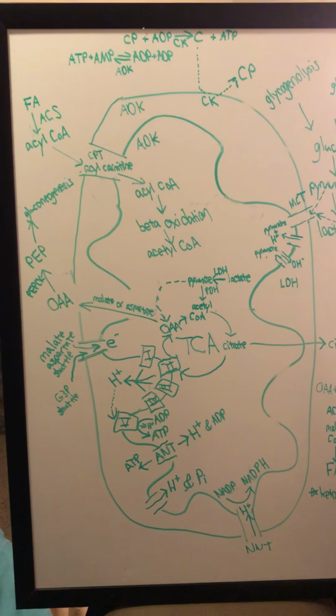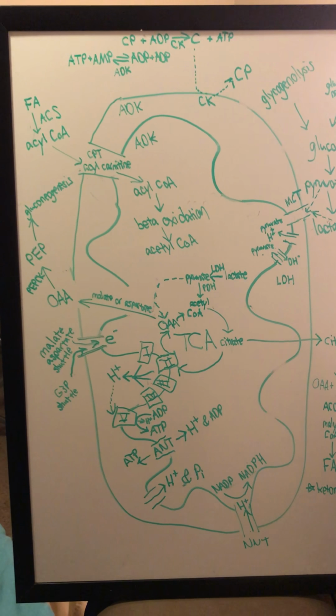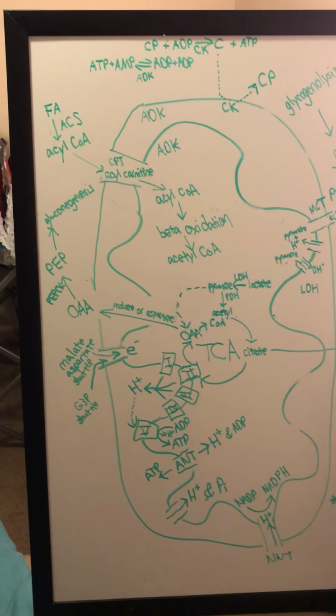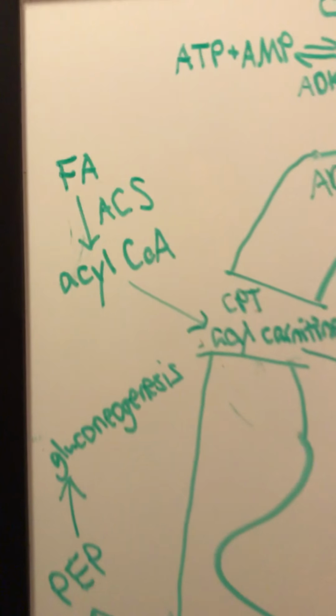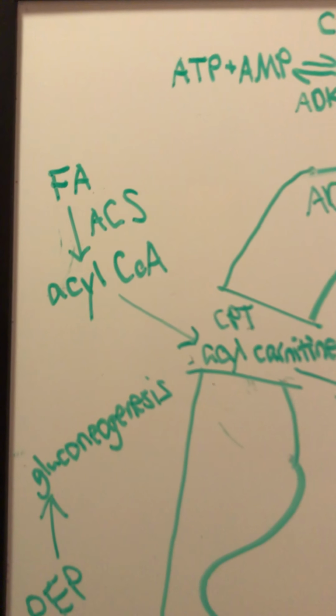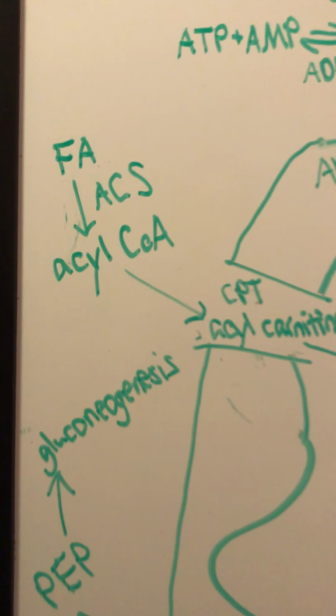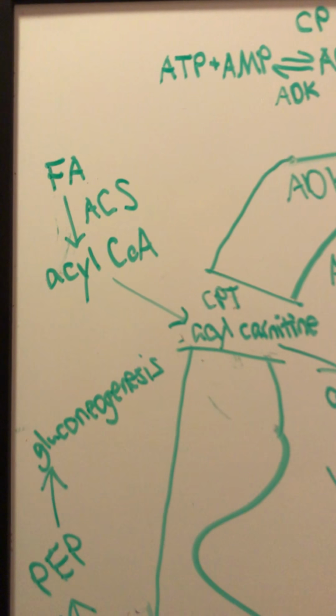So, the one thing we haven't talked about yet is fatty acid oxidation. That's up here in this corner. You have fatty acids via acetyl-CoA synthase being converted to acyl-CoA in the cytosol.